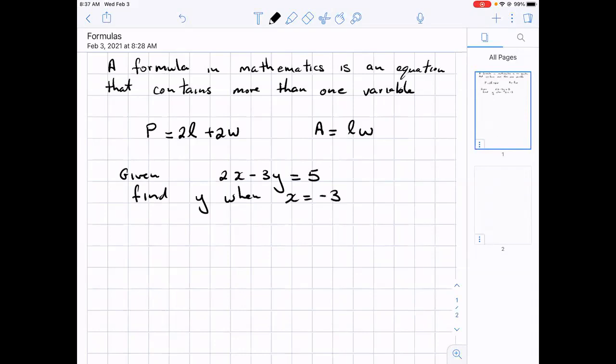So generally, if you're given this, you will plug in, we say, or substitute. You will replace the x value with negative 3.